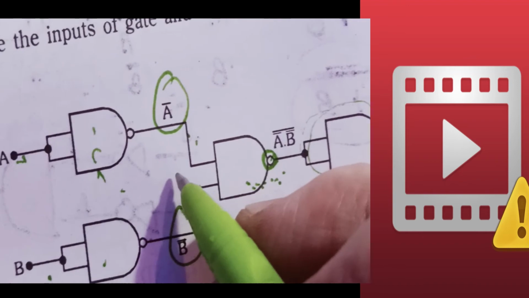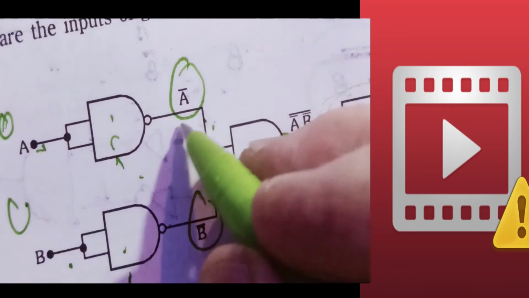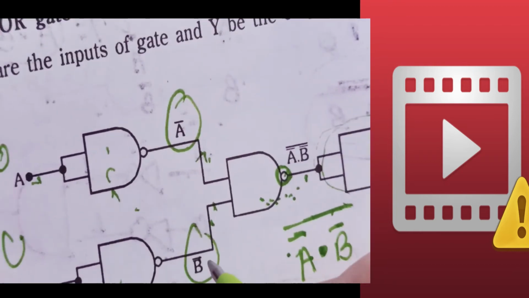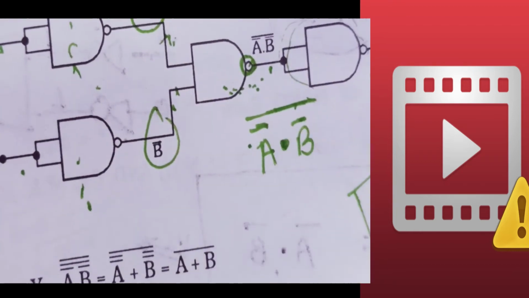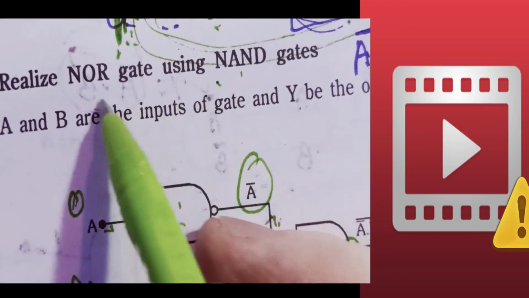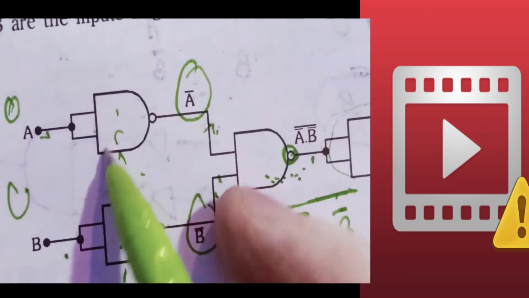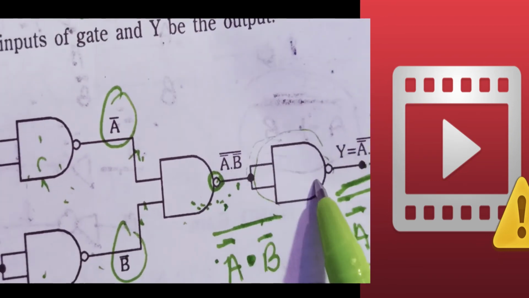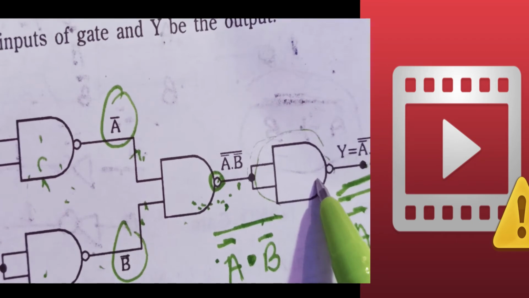Otherwise, you can prove it with 0 0: what happens here, what happens here, what happens here. Then you can prove the same logic. It is a NOR gate, this circuit, where I used 1, 2, 3, 4 NAND gates. Okay.